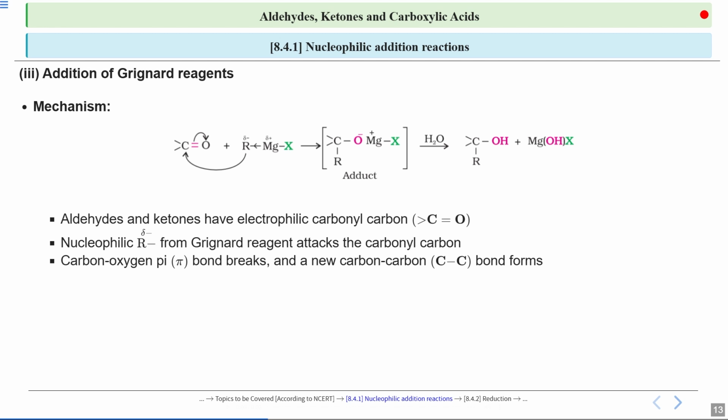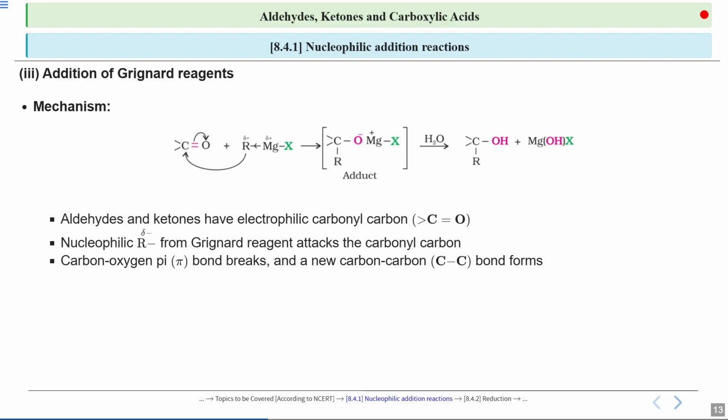As the Grignard reagent attacks, the pi bond between the carbon and oxygen breaks and the electrons move towards the oxygen. If you look at this particular diagram, you will see R, which has a partial negative charge, and Mg, which has a partial positive charge. So R will attack this carbonyl carbon, the electrons will shift towards oxygen, and oxygen has a negative charge.